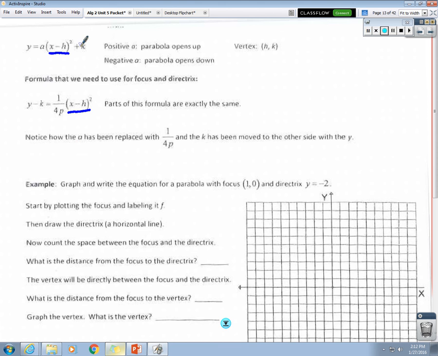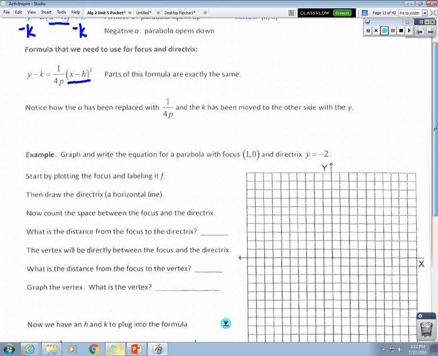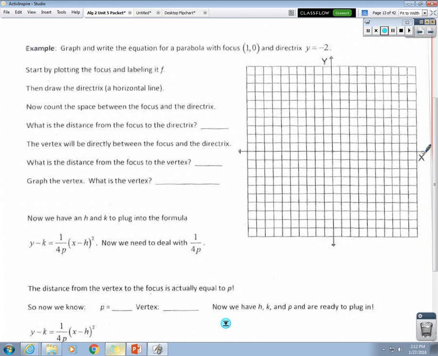Instead of plus k, they subtracted it over here to get this formula, y minus k. Alright, so let's try an example. Graph and write the equation for a parabola that has a focus of (1, 0) and a directrix y equals negative 2. So we're going to start.